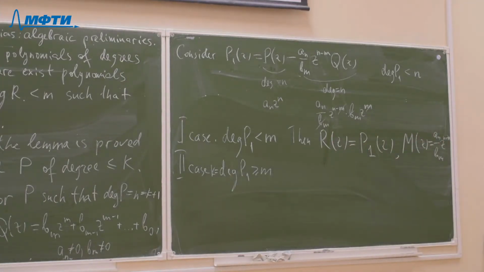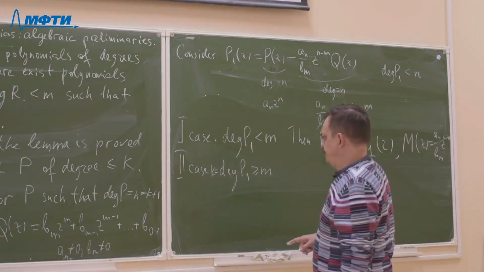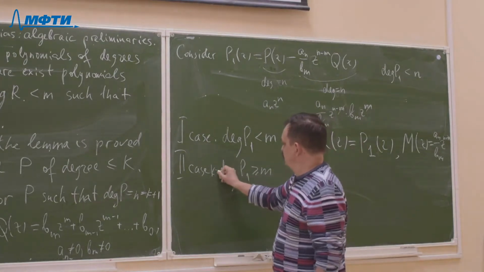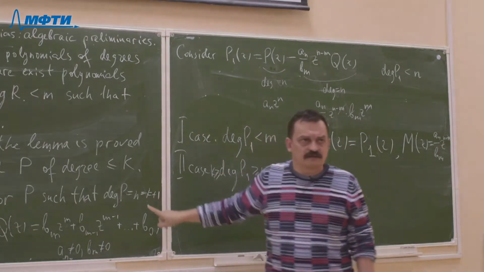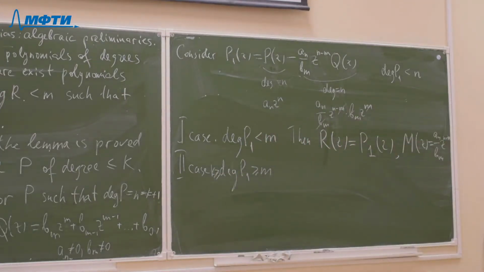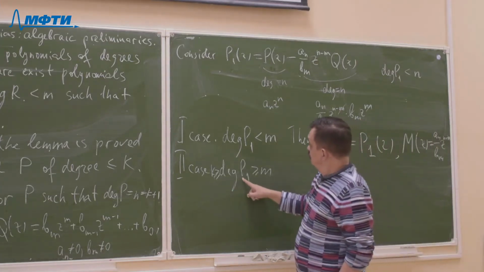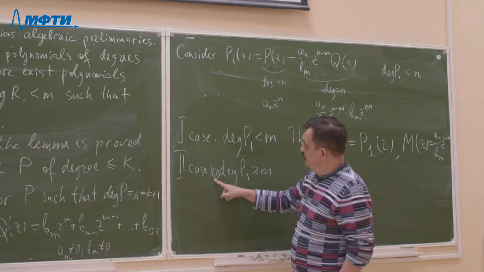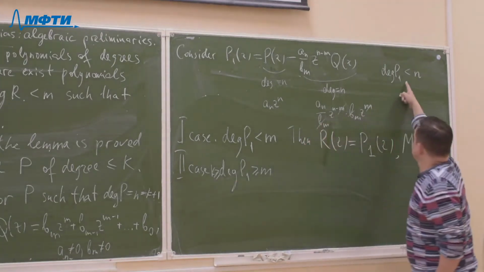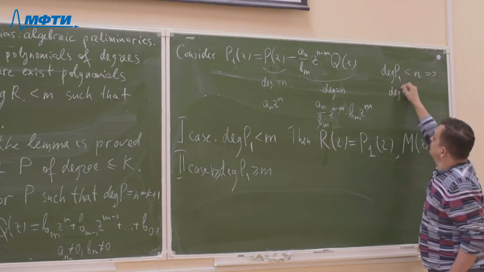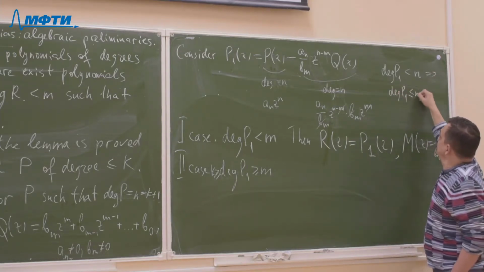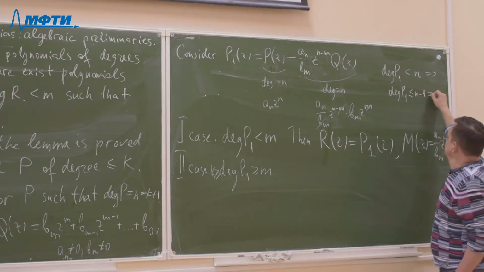Polynomial P1 has degree, better to say less or equal than k, because k is equal to n minus 1, we suppose. So degree of our polynomial is for sure less or equal than k, because this is less than n. Hence, degree of P1 less or equal n minus 1, which is precisely k.